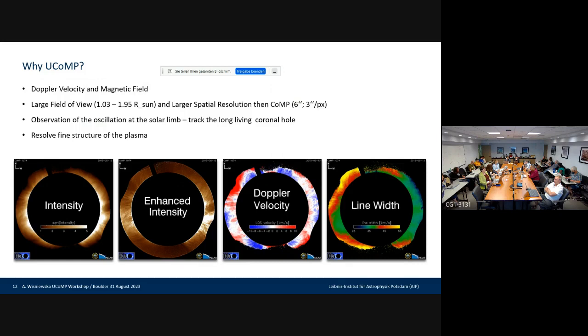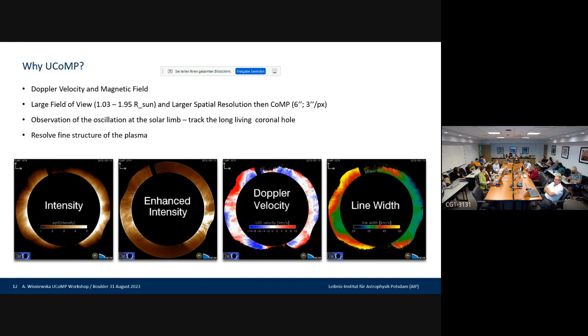But our main goal is to track the long-living coronal hole. So if we have maybe an equatorial coronal hole, then maybe we can observe it at the limb, and then track it over the solar disk, and then maybe go to the other limb.